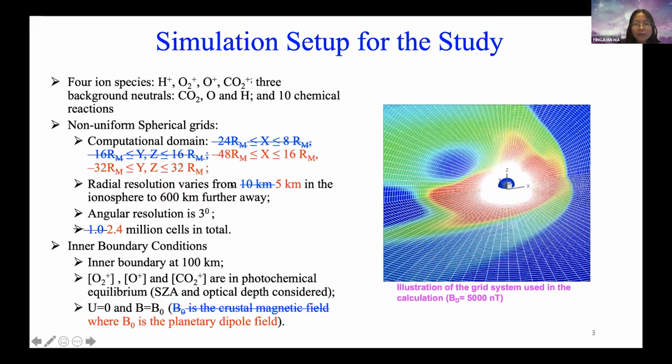We also increased our resolution to 5 kilometers in the ionosphere to better capture the ionospheric structure. In total, we have about 2.4 million cells in our simulation domain. One last thing I want to mention is that for this study, we changed the crustal magnetic field that we normally use for Mars to a planetary magnetic field.